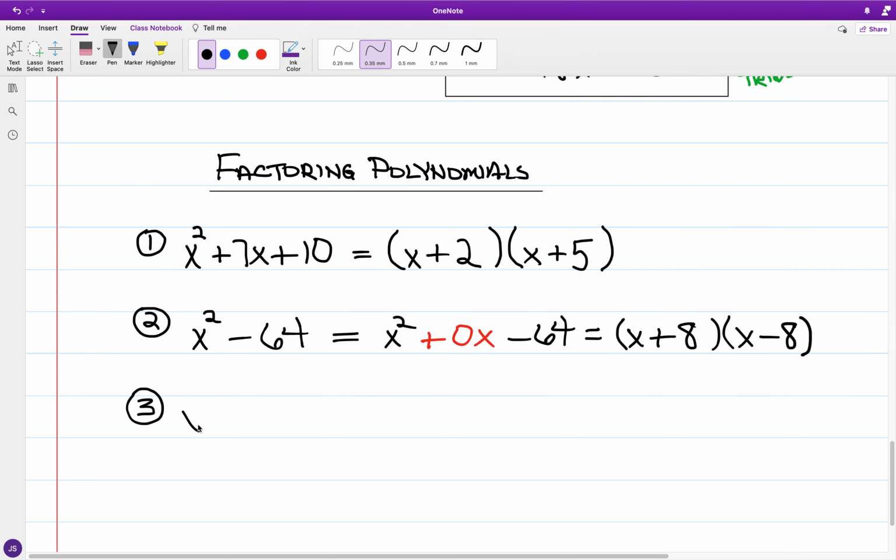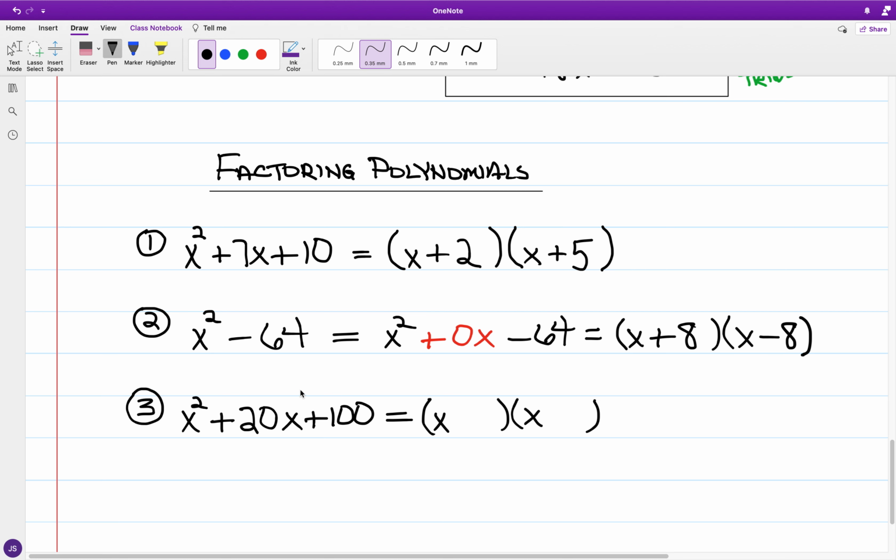And let's say that we have, kind of going back to a squared trinomial. If I were to have something like x squared plus 20x plus 100. Okay, so if I factor, x squared goes to x and x.